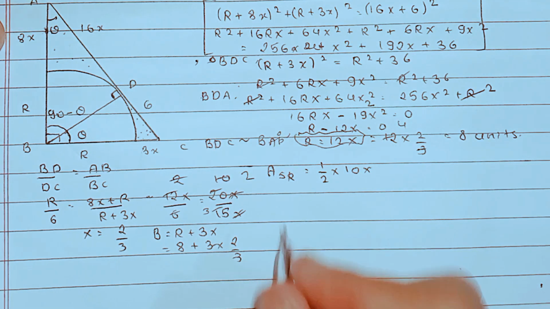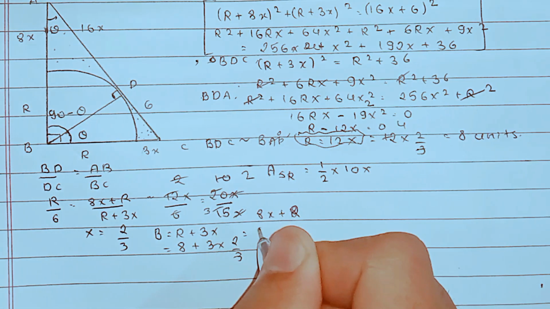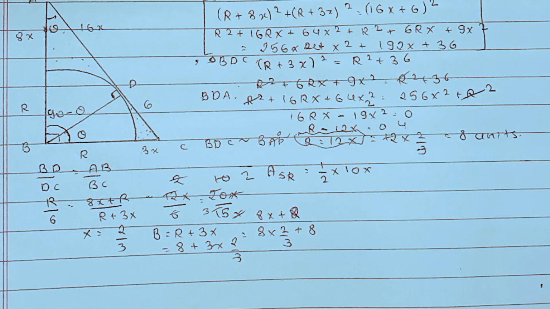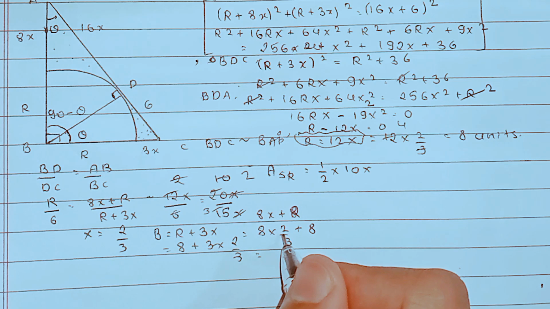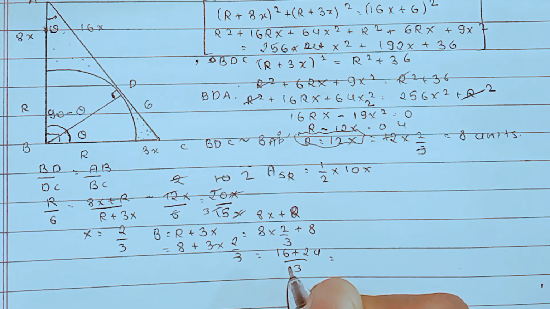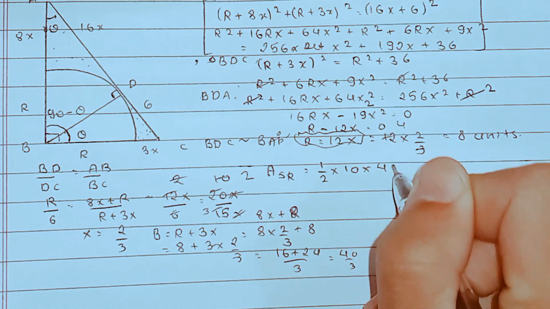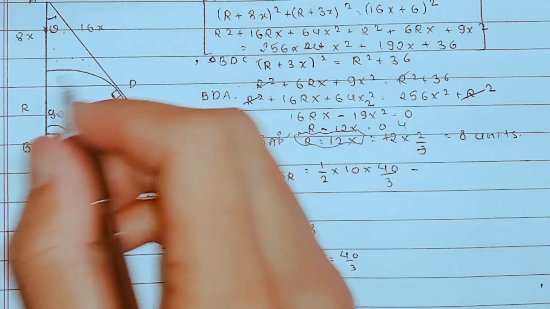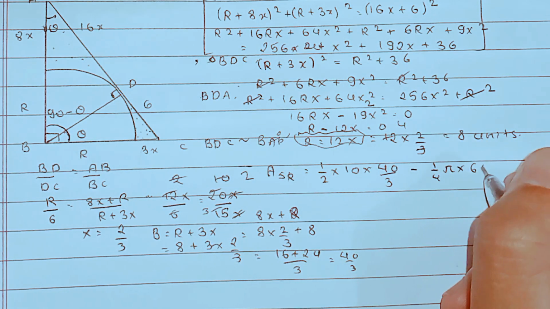The base is r plus 3x, that is 8 plus 3 times 2 by 3, so 10. The height is 8x plus r, with x equal to 2 by 3 and r equal to 8, so 16 by 3 plus 8 is 40 by 3. So the triangle area is half into 10 into 40 by 3, minus the area of the quarter circle, that is 1 by 4 pi r square, with r square equal to 64.